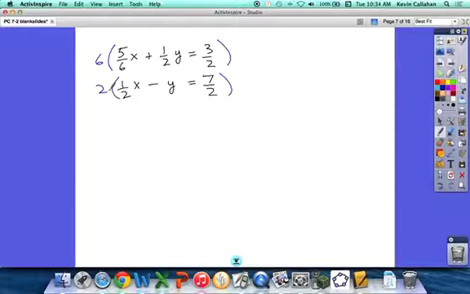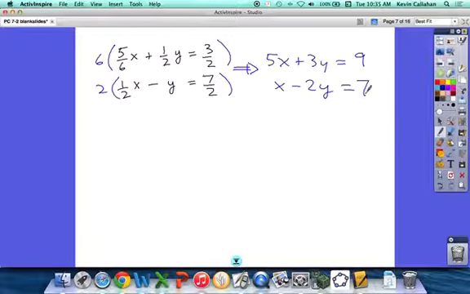So here's my first step. 5x. 6 times 1/2 y is 3y. And 6 times 3/2, 9. This is x minus 2y equals 7.